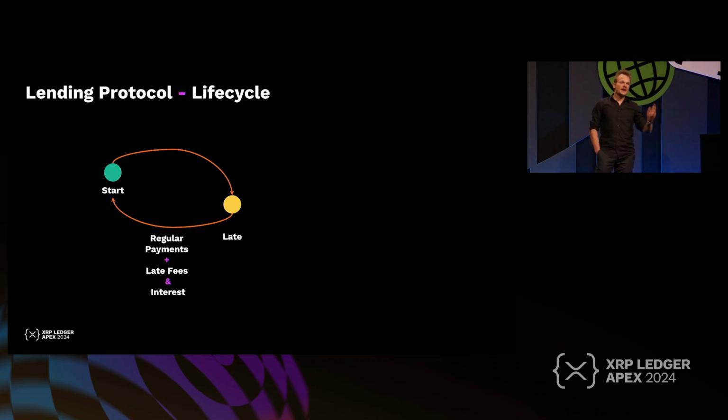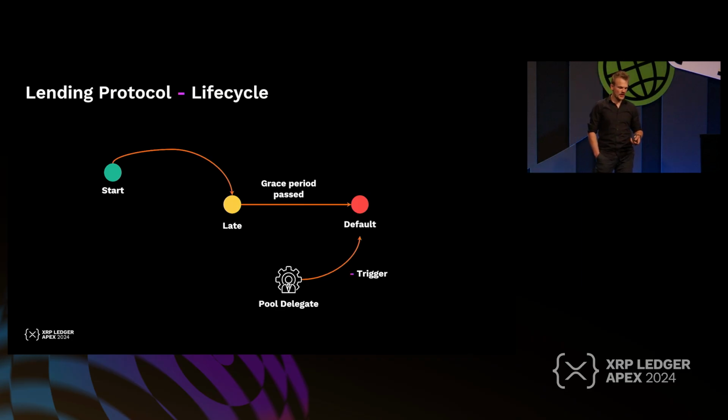Once this payment is made, the loan goes back to its original state and business continues as usual. Unfortunately, if the borrower continues missing the payment, after a certain grace period passes, the pool delegate is now in the position to default the loan.